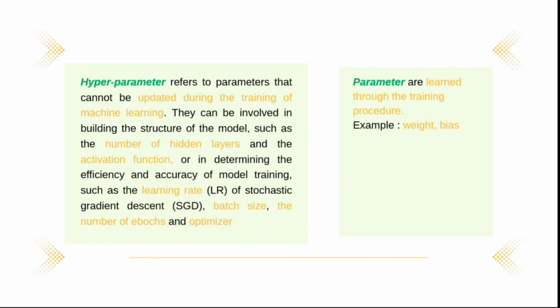They can be involved in building the structure of the model, such as the number of hidden layers and the activation function, or in determining the efficiency and accuracy of model training, such as the learning rate, stochastic gradient descent, the batch size, the number of epochs, and the optimizer. In contrast to hyperparameters, parameters are learned through the training procedure, for example, weights and biases.